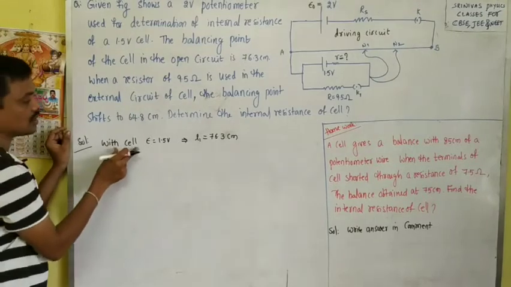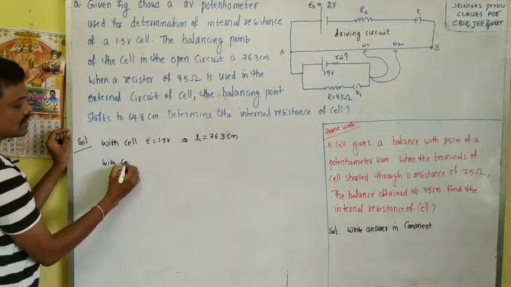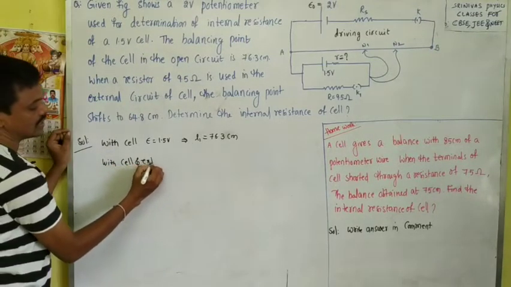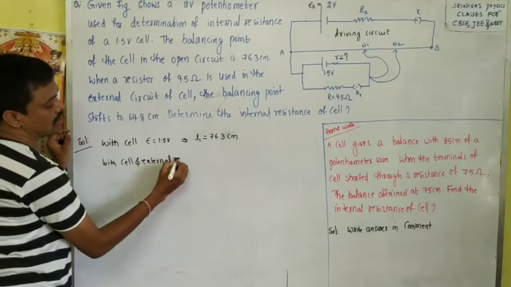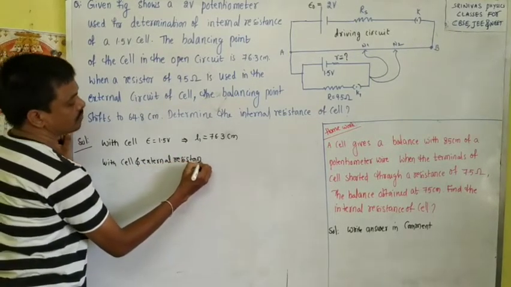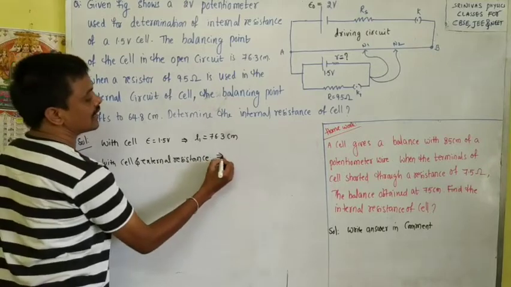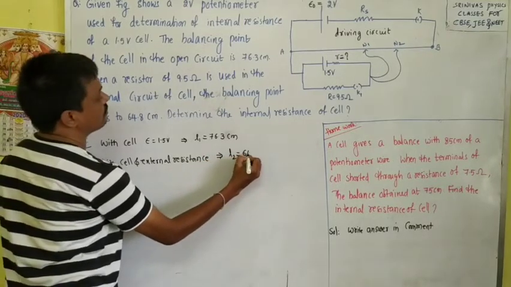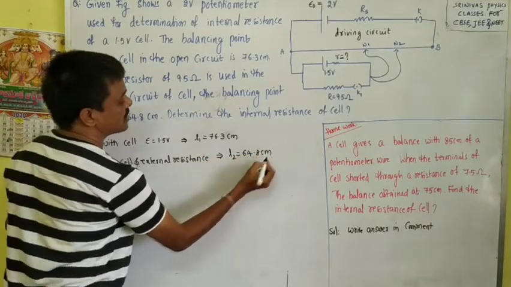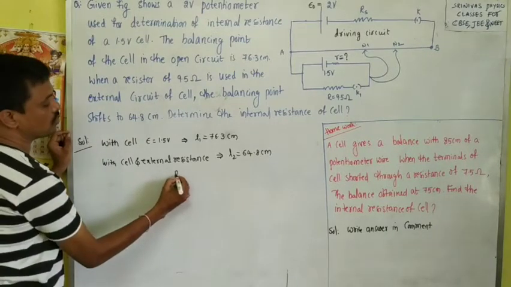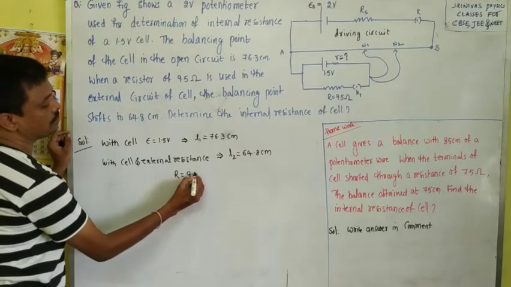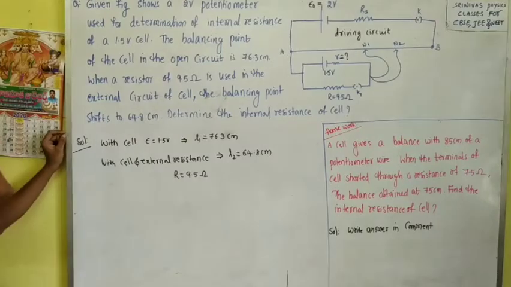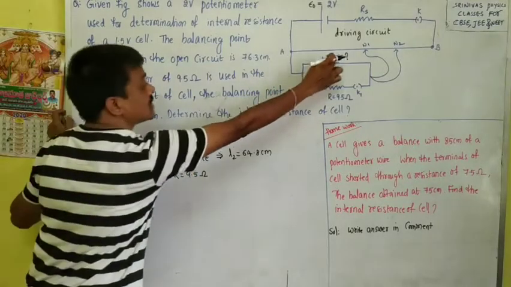That means with only the cell they gave the balancing length, and with the cell and external resistance, the balancing length is 64.8 centimeters, and the capital R also they gave, the external resistance we are connecting, 9.5 ohm. They are asking to find the internal resistance of this cell.